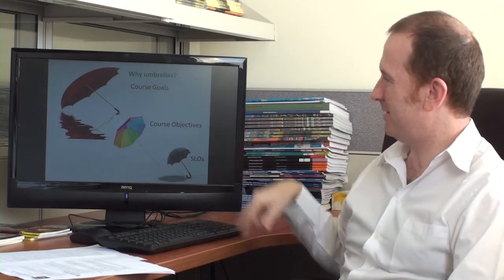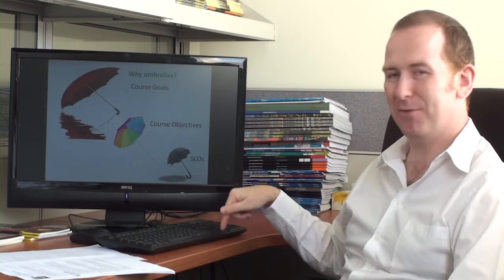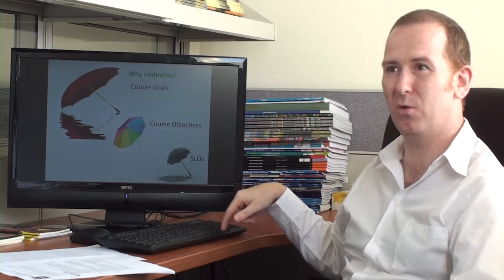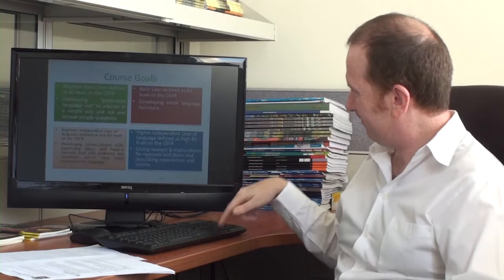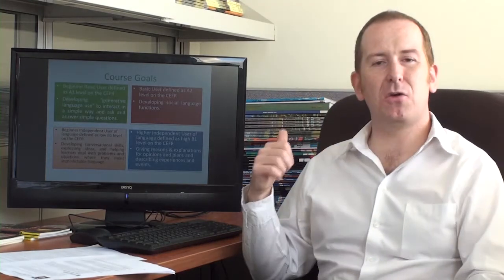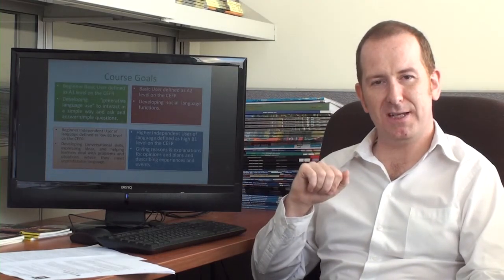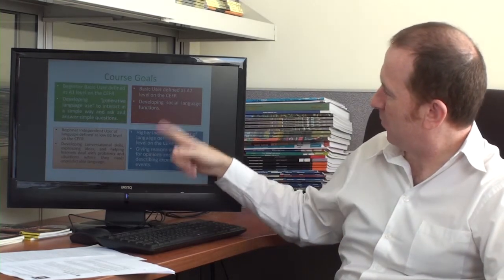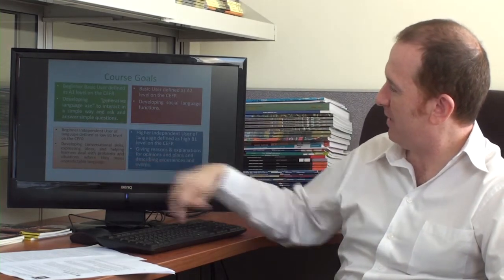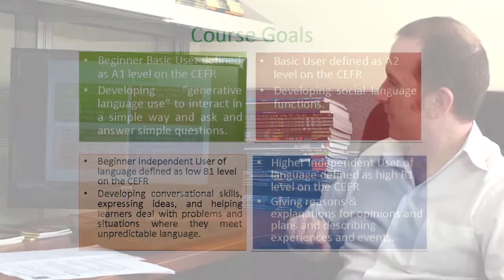So what do these three components mean? Course goals. Here are the course goals for the 4 levels in the foundation year. This is level 101, level 102, level 103, level 104.